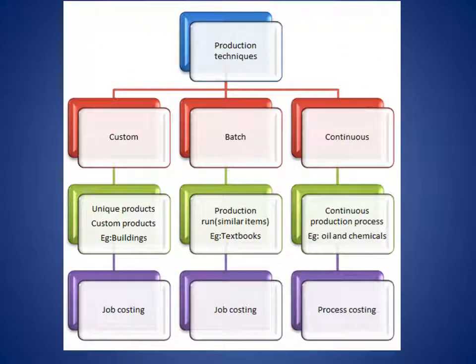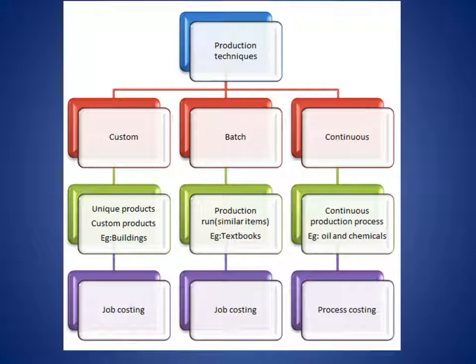So this diagram shows how the costing methods vary with the production techniques. As you could see, the production techniques are mainly of 3 types, that is custom, batch, and continuous. When it comes to custom production, unique products or customized products are produced. For example, buildings. So in this case, the costing method that is to be used is job costing.